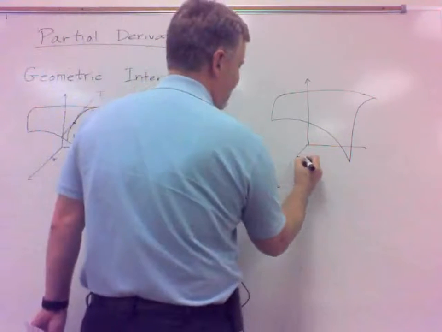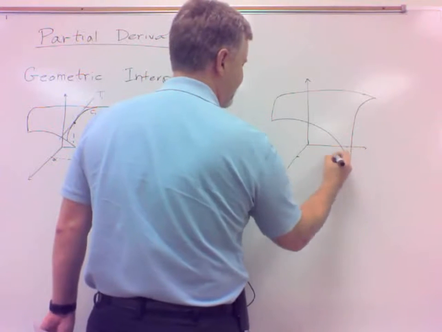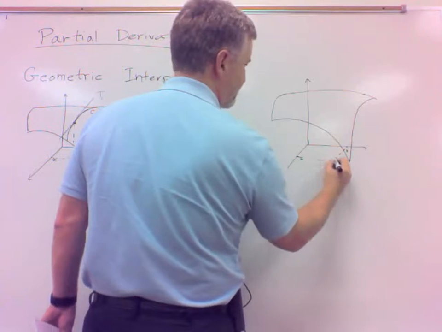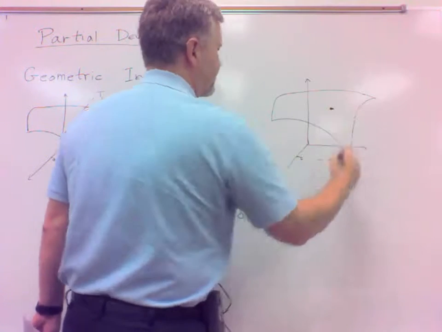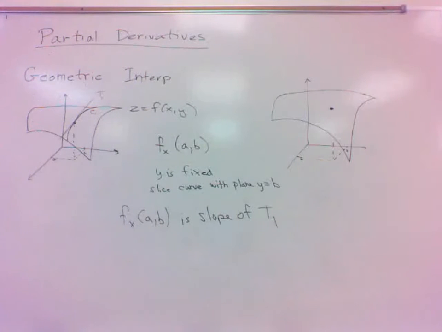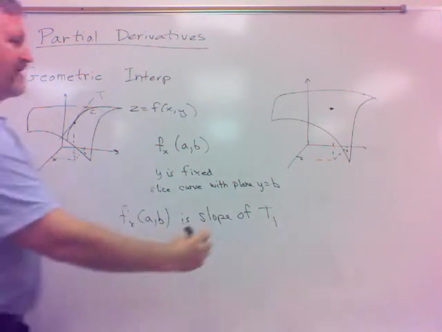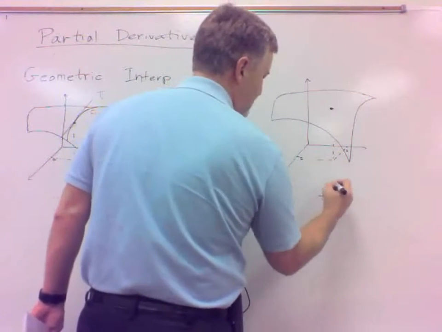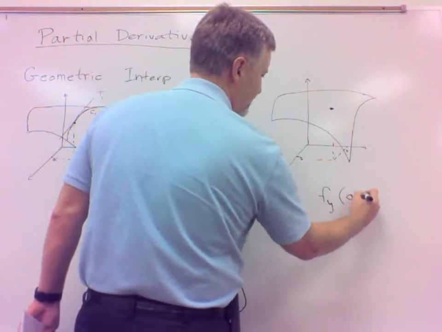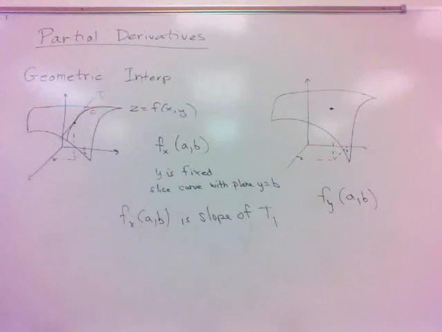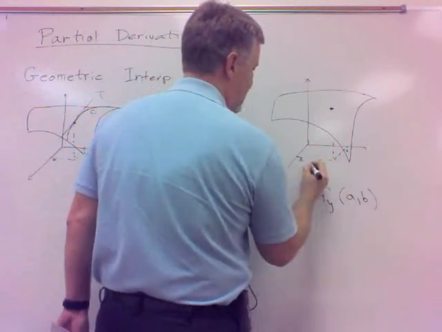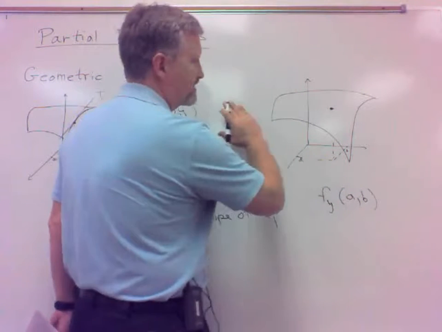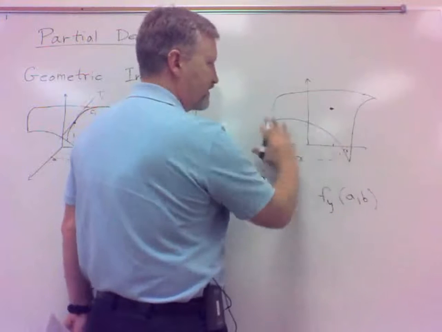So if I go out to a, b here again, and then go up to the point that hits the surface there, what about the partial derivative of f with respect to y at a, b? Well, for the partial derivative of f with respect to y, mouthful, x is fixed. I'm looking at slicing this surface with the plane x equals a.